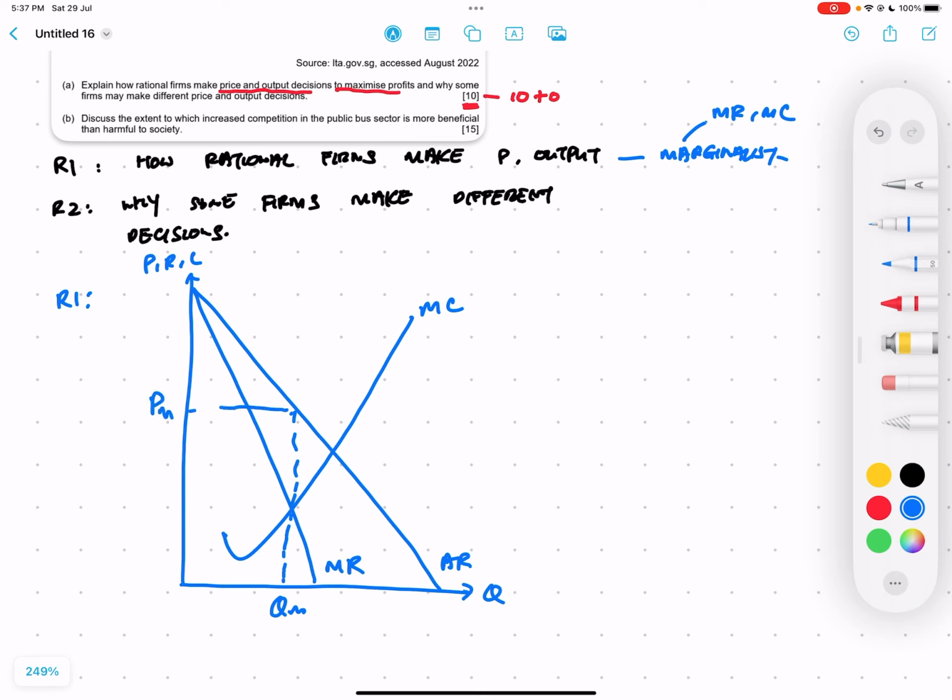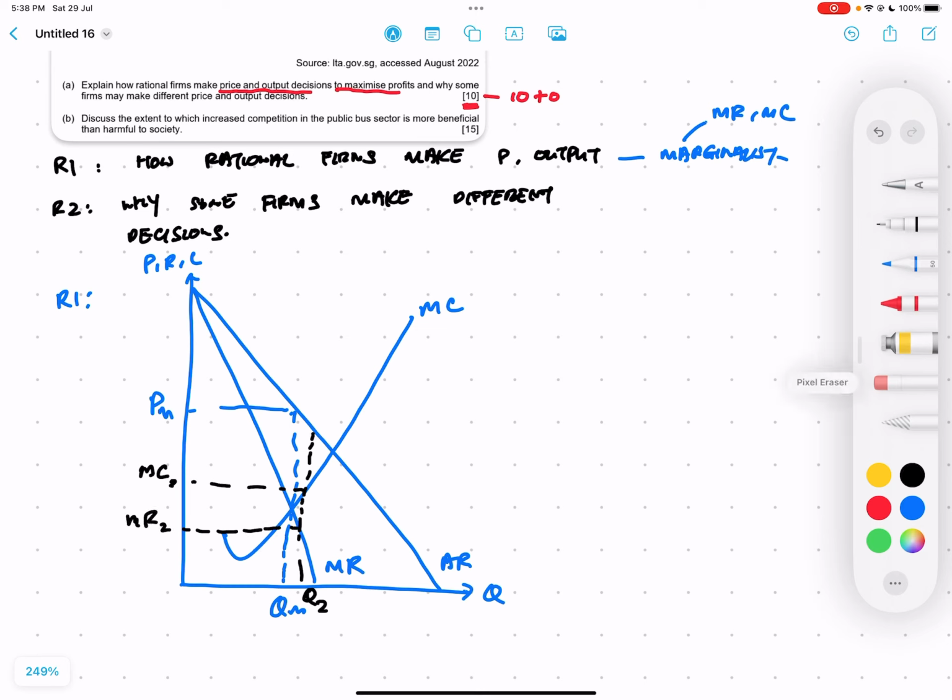But you really need to explain what exactly is happening, right? So the way you want to explain it is you have two cases. One case at Q2, where you can see MC is more than MR. So MC is here, MC2, and your MR is here, MR2.